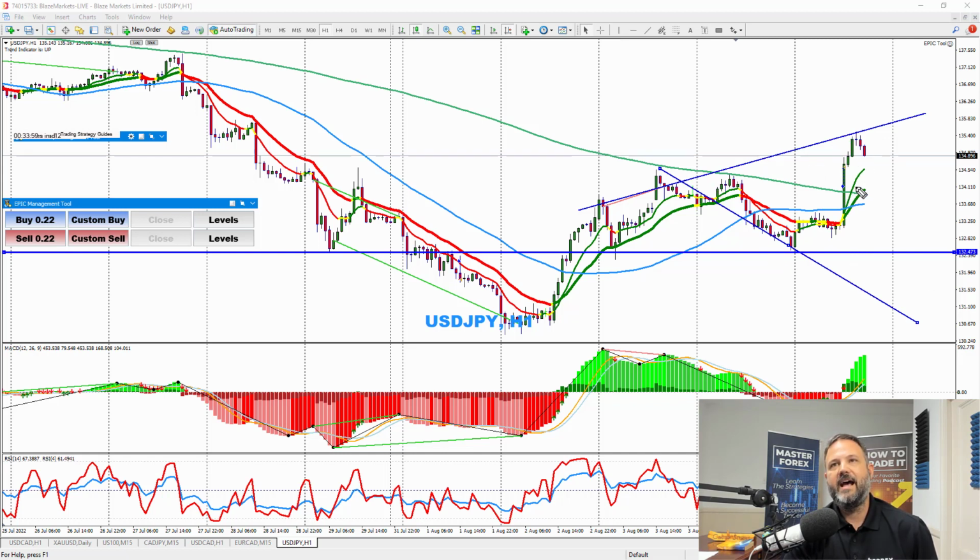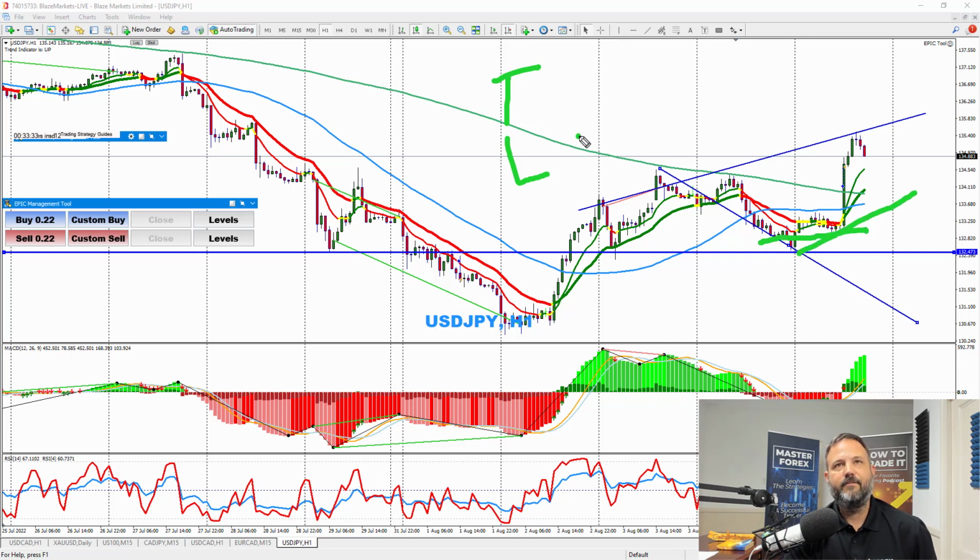So if it comes back, comes down here, or comes down here, we get a horizontal level here, I'd be more interested in trying to buy right there, right? Because then I have the T in place, and I have the L for the level, which would be right here, and then I have the diagonal.